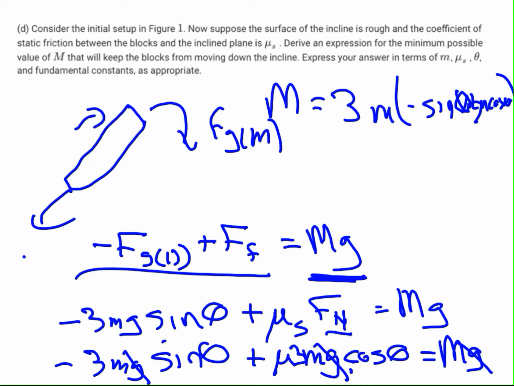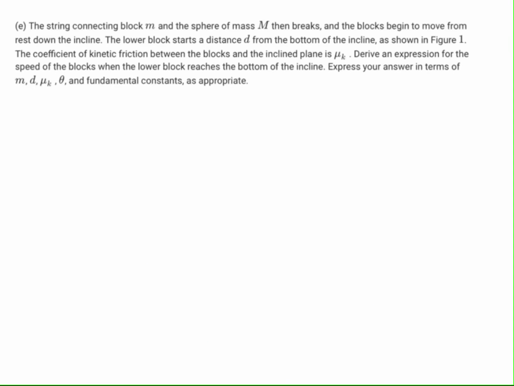Okay, last question. The string connecting block M and the sphere of mass M then breaks, and the blocks begin to move from rest down the incline. The lower block starts a distance of d from the top. Okay, so it's going to accelerate that way.